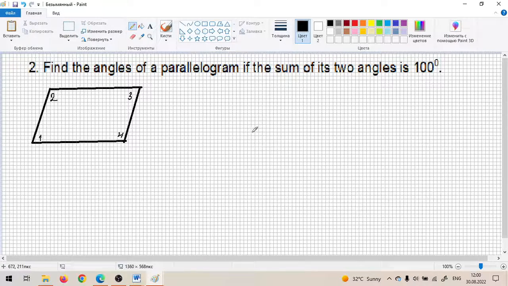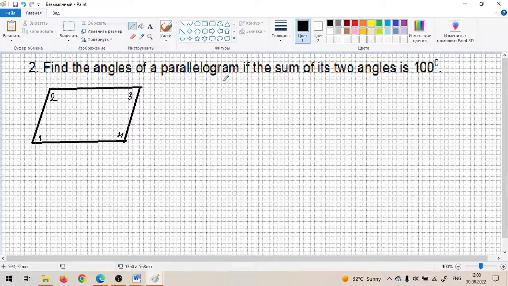So it may be these two angles, 1 and 3, they are equal, their sum is maybe 100 degrees.